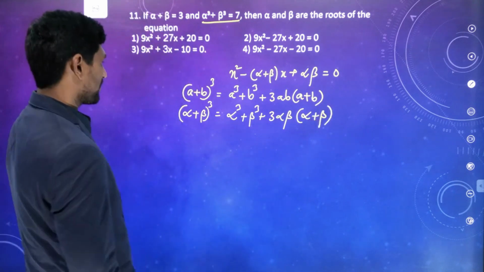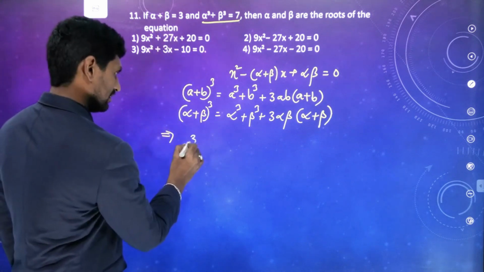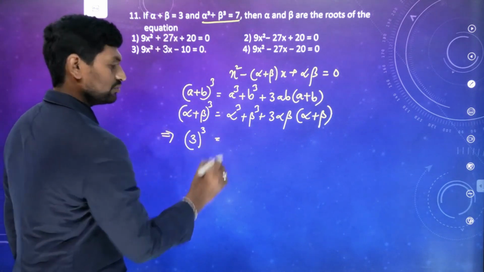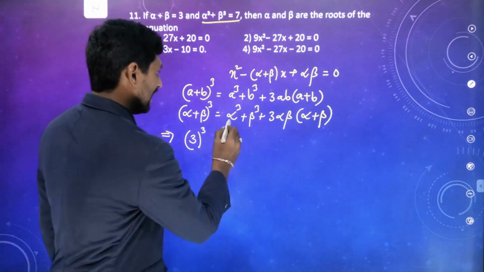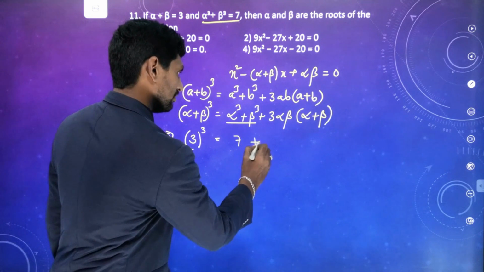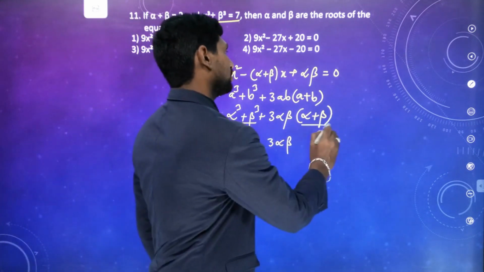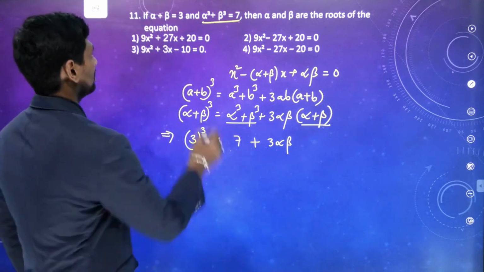Alpha plus beta value is 3, so I am substituting the value: 3 power 3. Alpha cube plus beta cube value is 7, plus 3 alpha beta, which we don't know and have to calculate, into (alpha plus beta) value, which is 3.